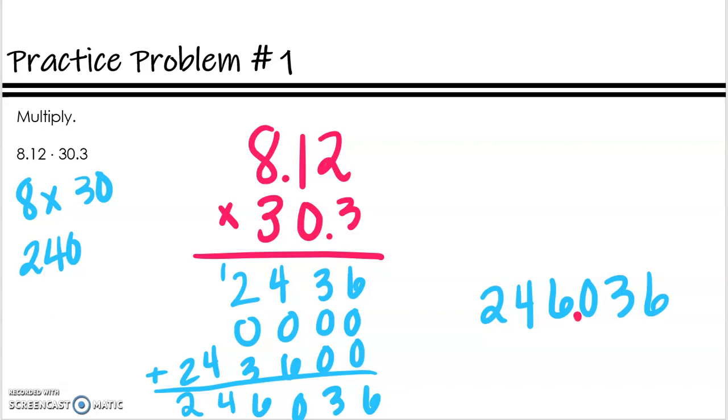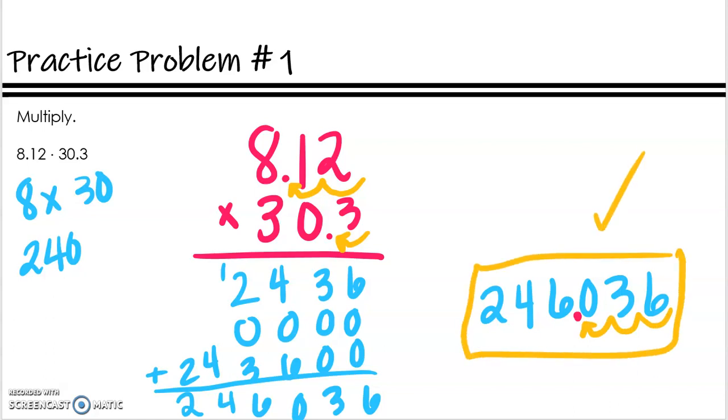But remember that we can make sure that's accurate by counting. 1, 2, and there's another one. So total, that's 3 spaces. 1, 2, 3. Perfect. My answer is 246 and 36 thousandths. So that 0 does need to be there.